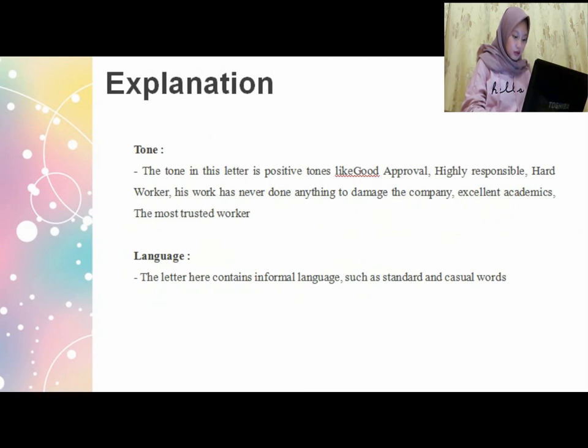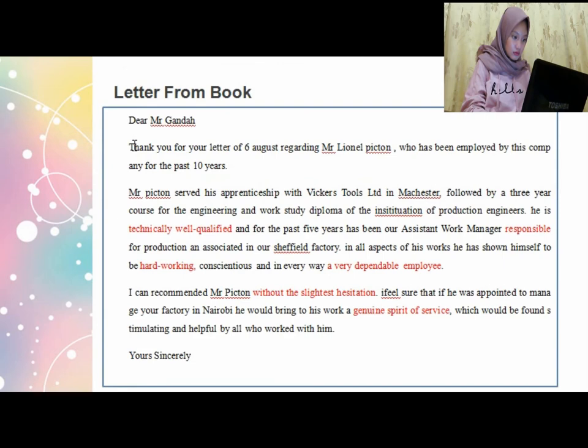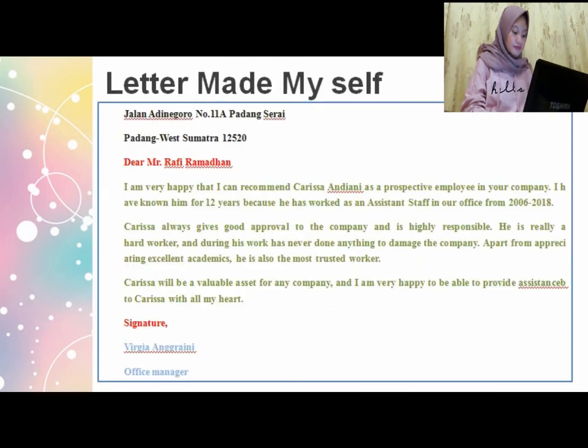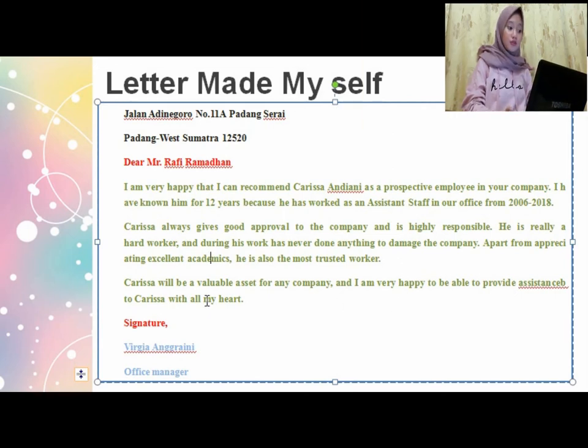Next, tone. The tone in this letter is positive, like good approval, highly responsible, hard worker, his work has never done anything to make the company, excellent academic, and the most trusted worker.